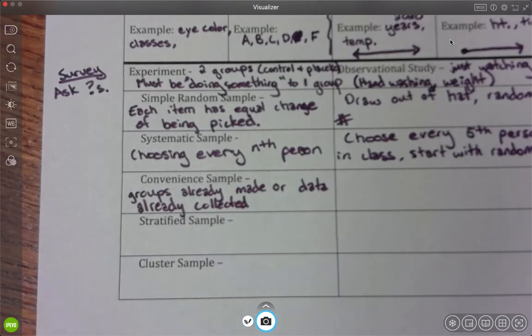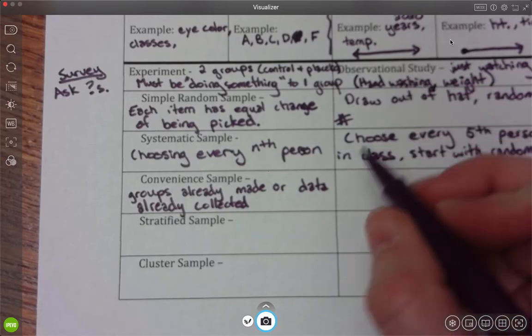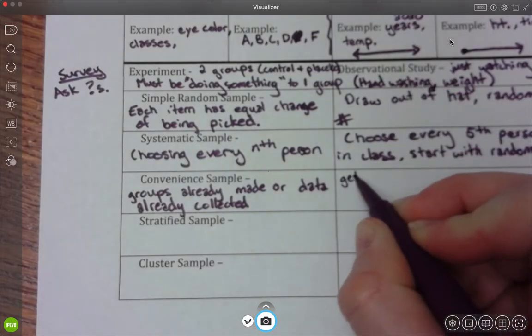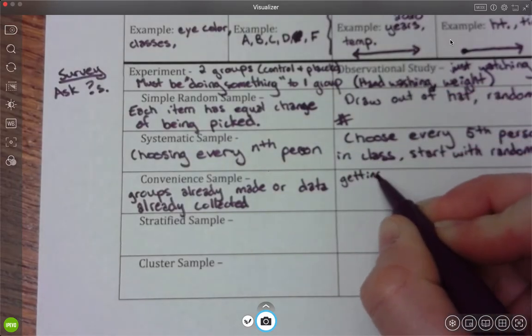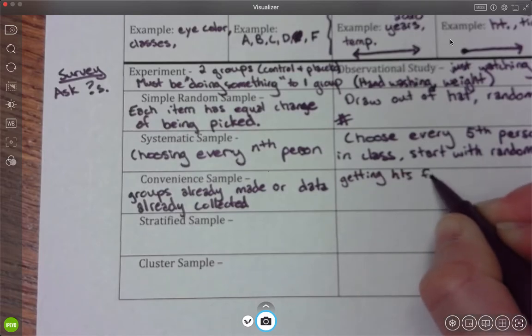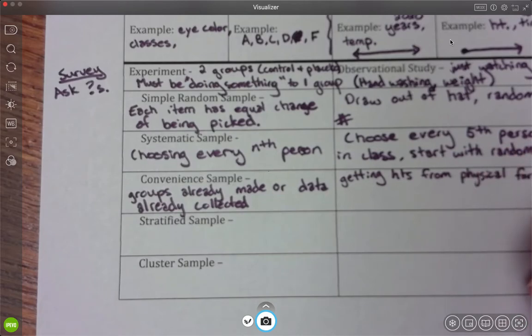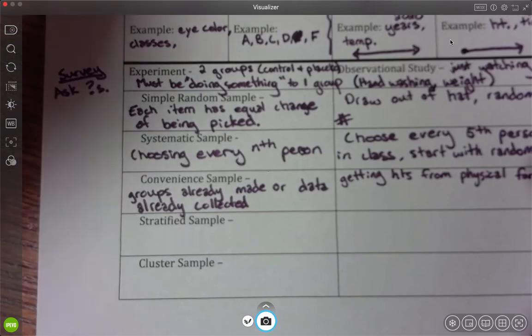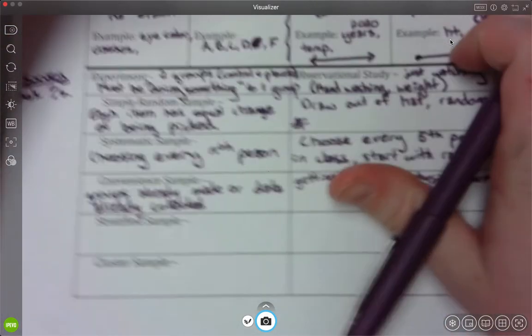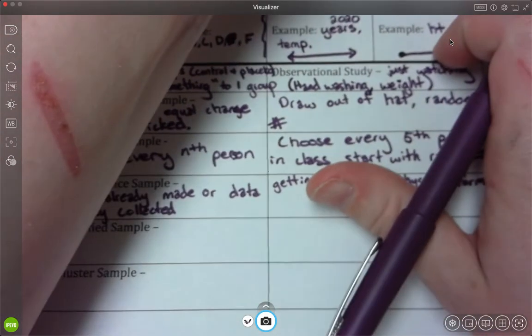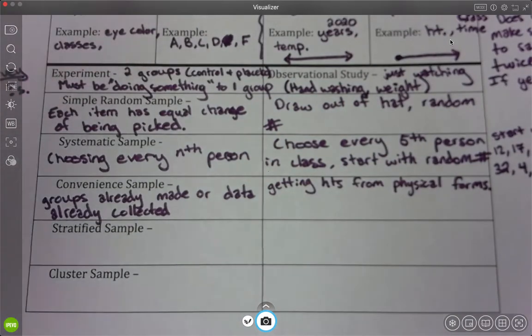So an example of this would be like getting heights from physical forms from the office. That data has already been collected, so I can just easily pull everybody's chart and get that data.